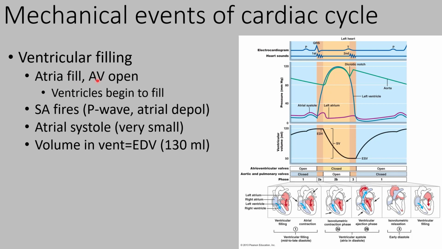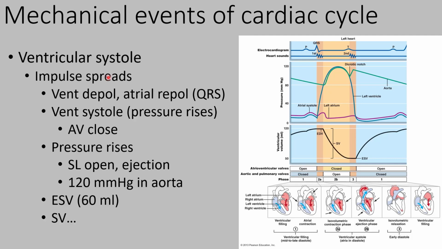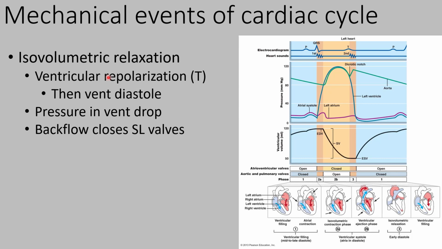Or now that we've seen the whole thing, we could say it another way. Pressure in the ventricles continues to drop until it is less than pressure in the atria. Now the AV valves open and the whole thing happens again. Ventricular filling, ventricular systole, isovolumetric relaxation. All of that is happening during one complete cardiac cycle or one complete heartbeat.